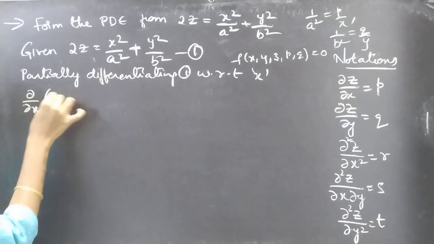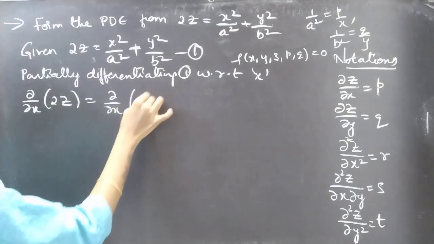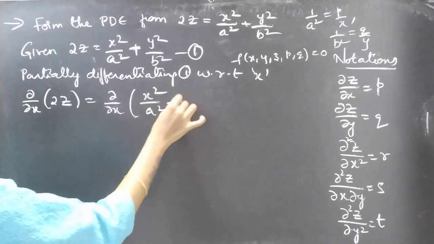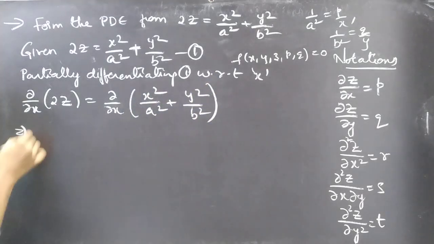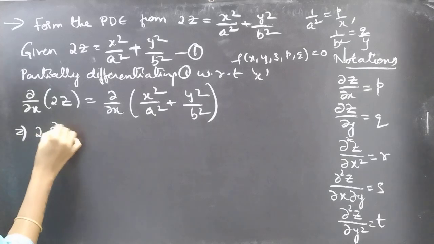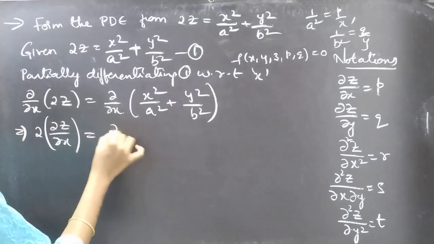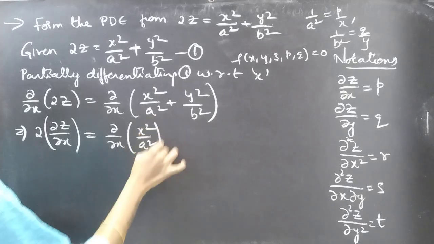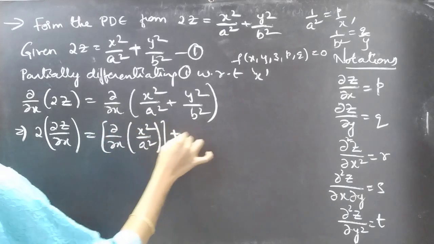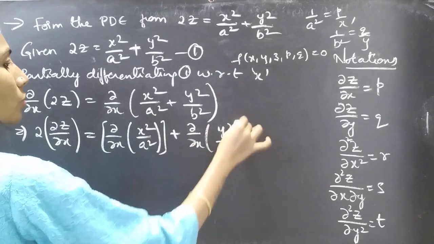So apply ∂/∂x on both sides of this equation. We can write this as 2 ∂z/∂x, since z is a function of x and y, equal to ∂/∂x of the first term x²/a² plus ∂/∂x of the second term y²/b².